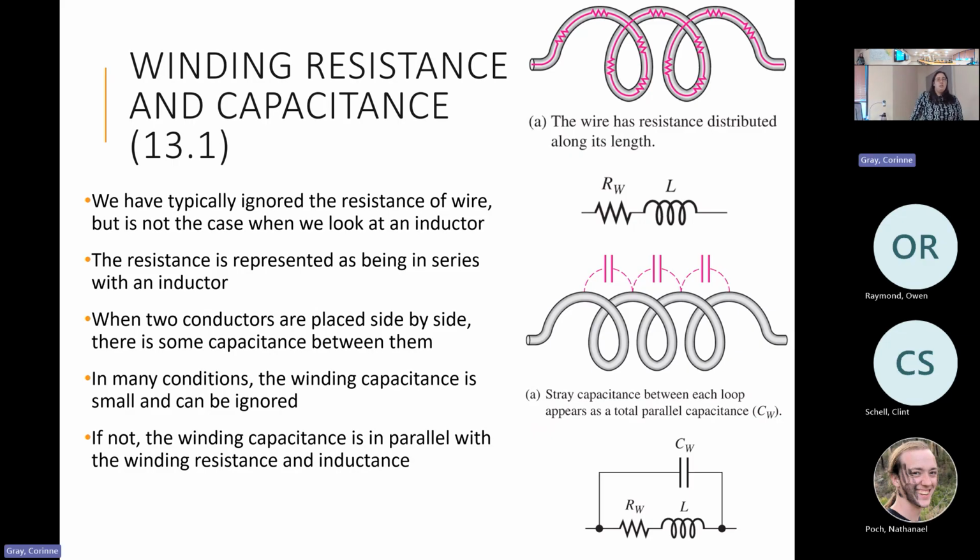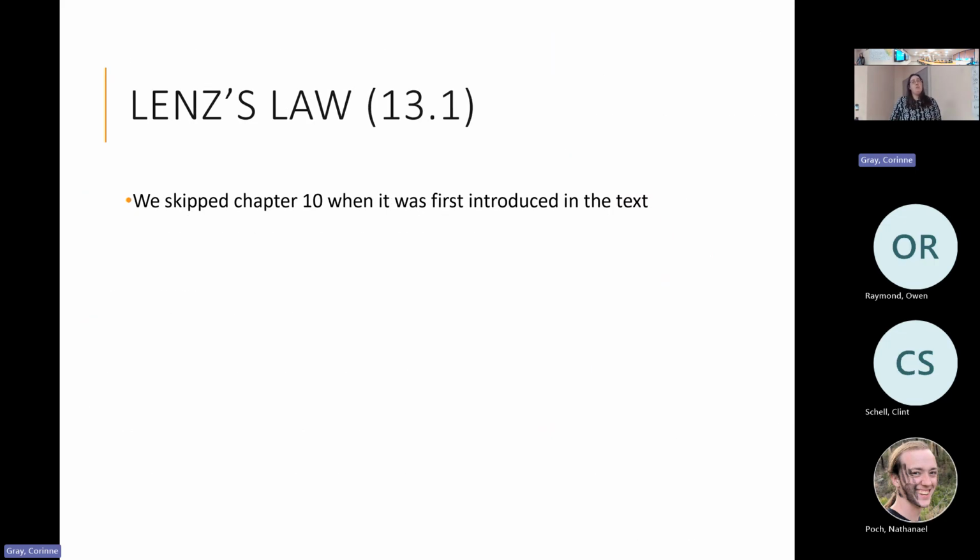So we're going to talk a little bit about why there is a time derivative in our definition for voltage. And for doing that, we are going to talk about Lenz's law. Now, for the sake of Lenz's law, in this class, we are not going to care about all of the different things that it does.